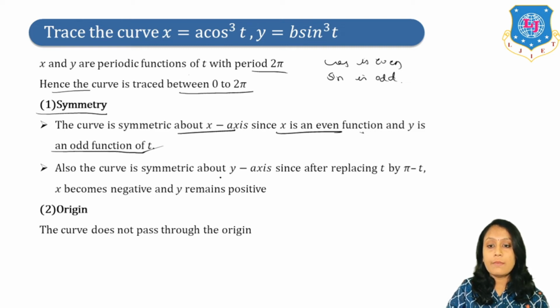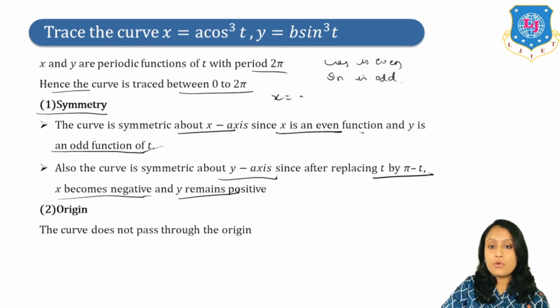Also the curve is symmetric about the y-axis because after replacing t by pi minus t, this x becomes negative and y remains positive. Now x is a cos^3 t. So here just consider cos of pi minus t. This is the 4 quadrants: here we have 0, pi by 2, pi, 3 pi by 2.